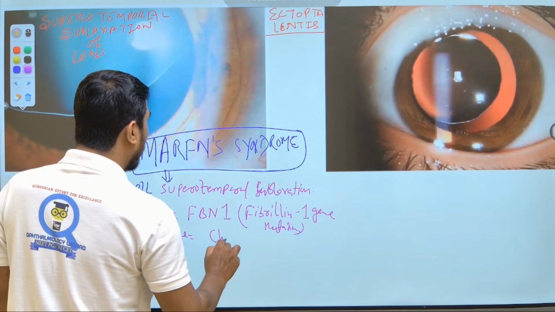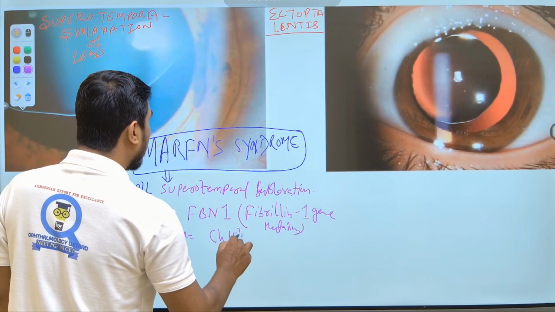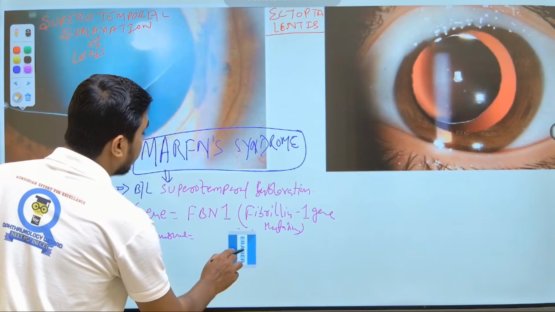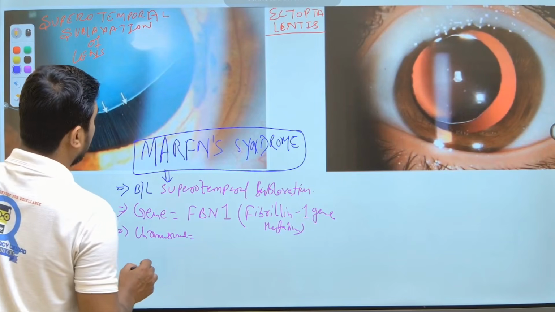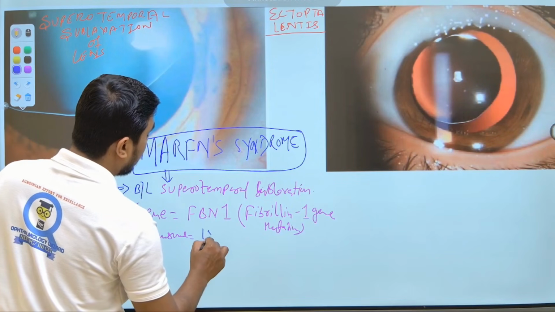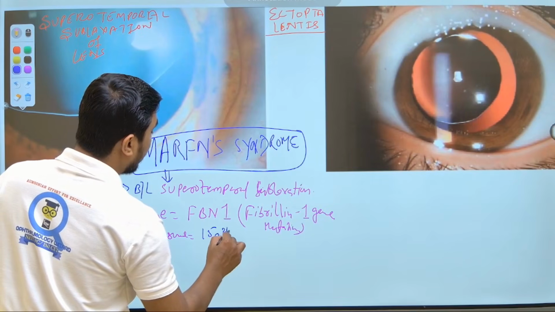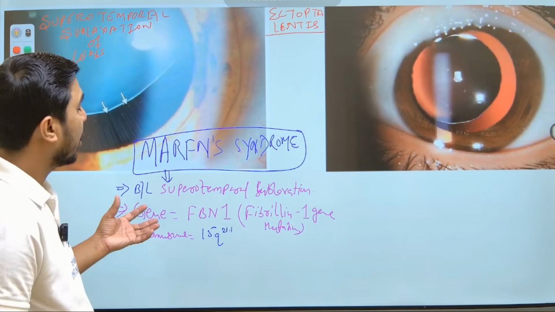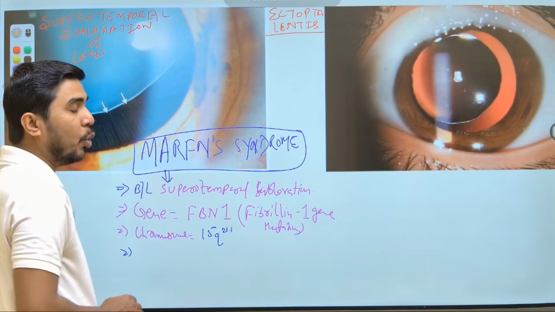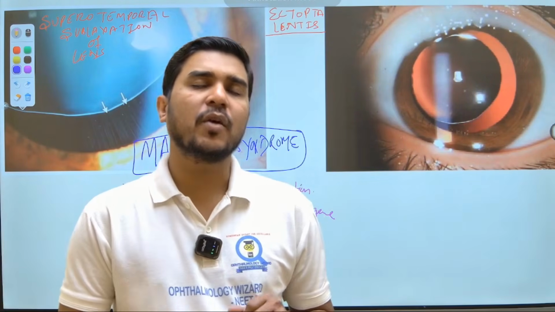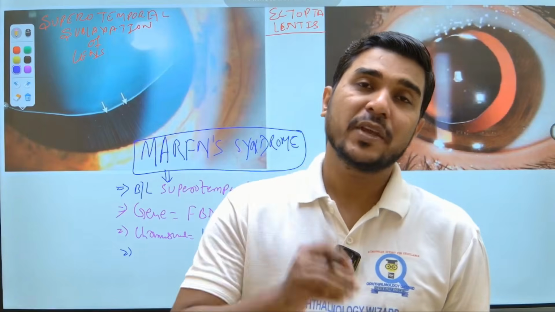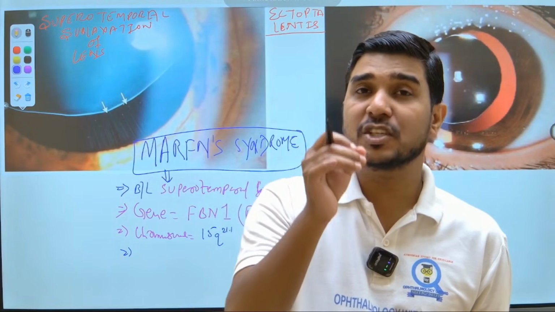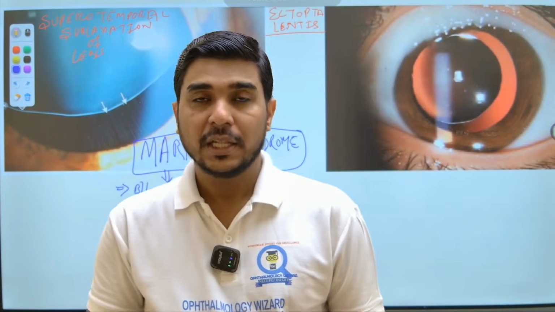The chromosome is 15q21.1. I will write it properly here. Understood? This is very important. Now the investigation. Suppose this type of patient comes into your clinic. What will you advise first? You will ask the patient to go for cardiology evaluation because of the risk of mitral valve prolapse.